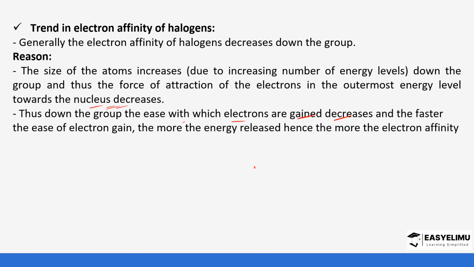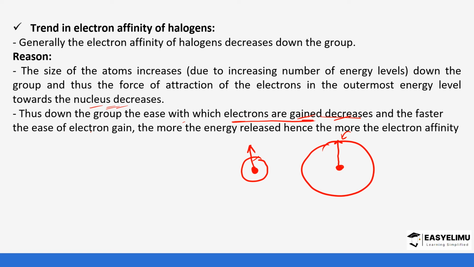If you have a small atom and a bigger atom, the nucleus in the center of the small atom can attract electrons very easily. For a bigger atom, the nucleus is so far away from the outermost electron that it can't attract any electron that easily. So down the group, the ease with which electrons are gained decreases.